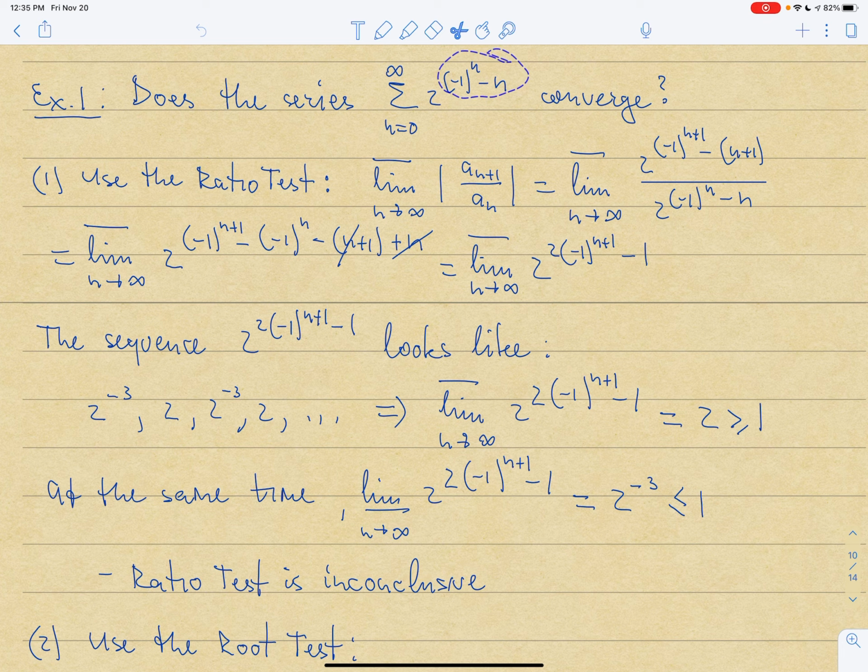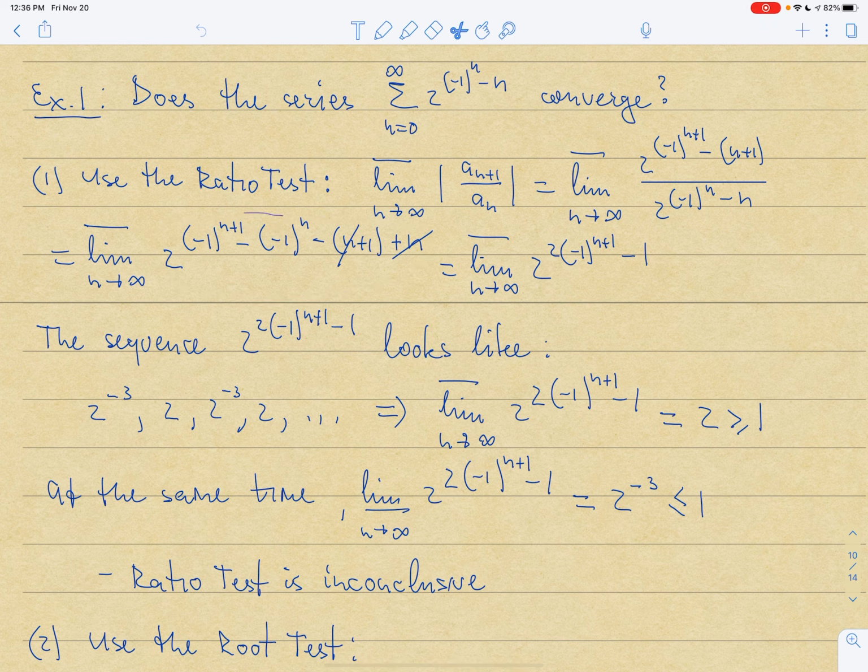All right, so for the ratio test, I will need to know things like lim sup and lim inf of a_{n+1} over a_n. So a_n is this expression. a_{n+1} is going to be the same thing, except that n is replaced by n plus 1. So then the top is 2 to some power, bottom is 2 to some power. So if I take a ratio, then it's 2 to the power, which is a difference of powers on the top and powers on the bottom.